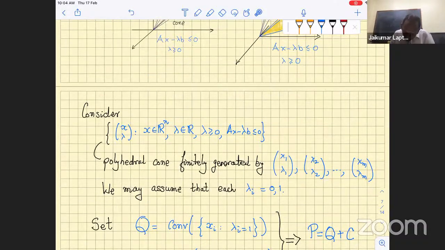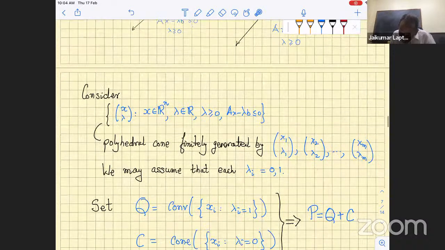Now you just normalize these vectors so that the second coordinate is 1. Lambda was greater than or equal to 0 anyway. If lambda is 0, leave it as 0. If lambda is any positive number, you just scale it so that it becomes 1 here. It will still be in the cone. So we might as well assume that the generating set looks like this, where each lambda i is either 0 or 1. You collect those which have lambda 0, collect those which have lambda equals 1, and separate them.